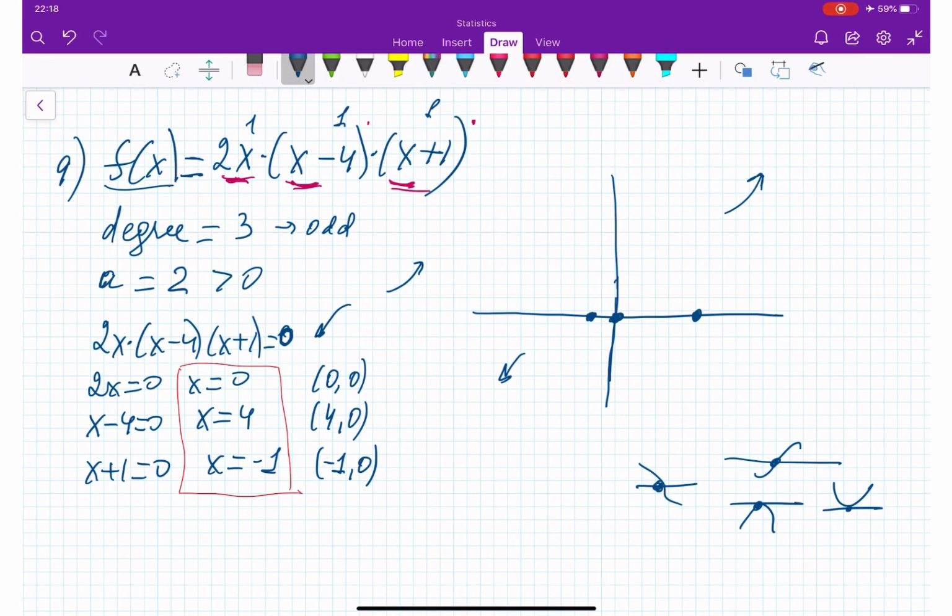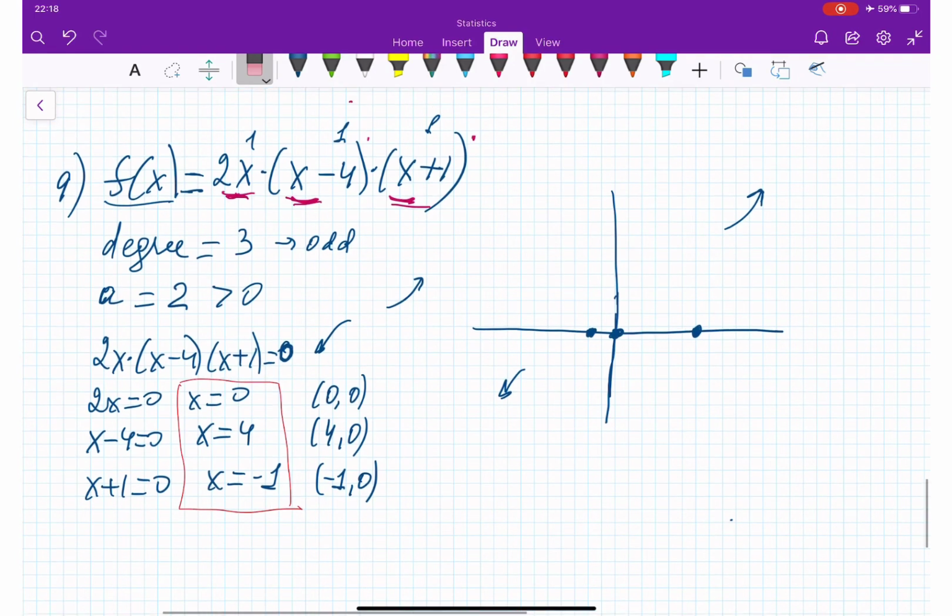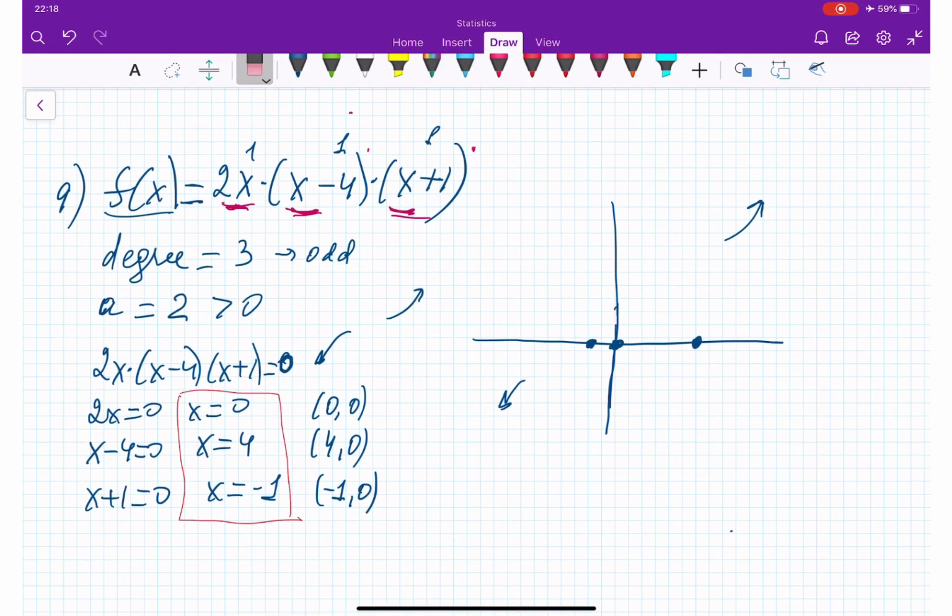So first of all, we always start by exploring the points that are closest to end behavior, this one and this one. This one is negative 1, this one is positive 4.